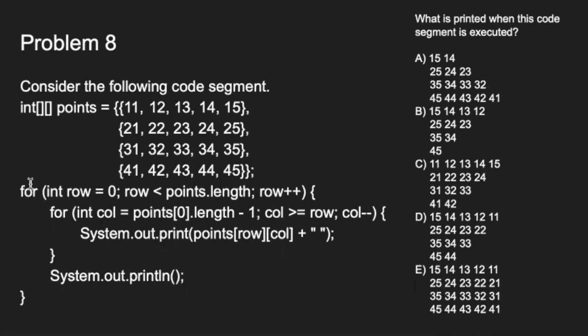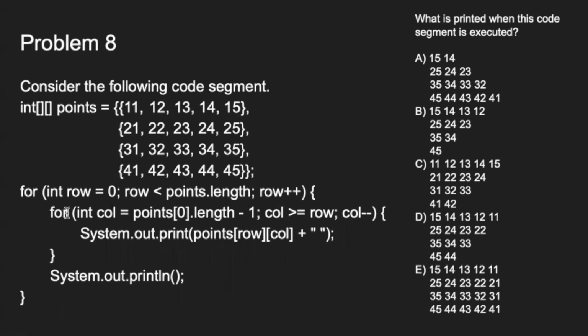Question number 8. We have this code segment with 2 for loops. Let's run through this code and see what it does. We start with row equals 0, and go all the way to points.length, so we have 0, then 1, then 2, and then 3.